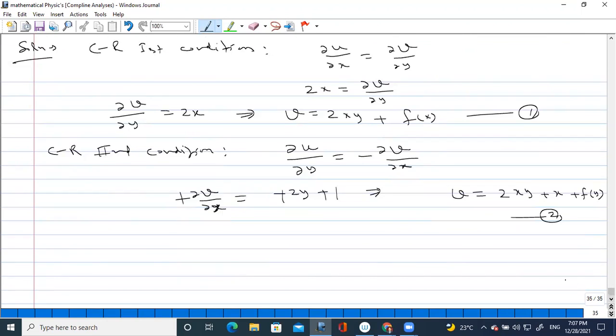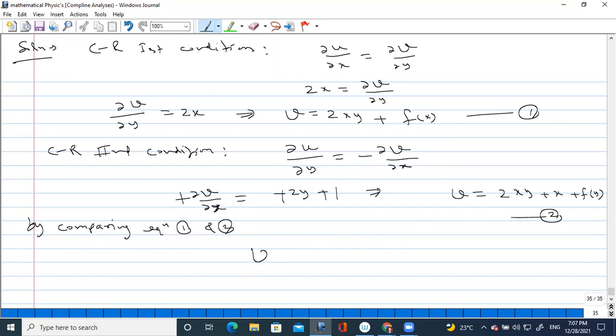Now by comparing equation 1 and 2, we are just comparing, and from both of them we will guess which one is the correct answer.